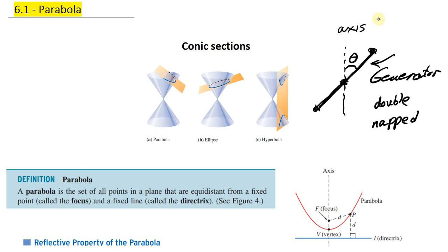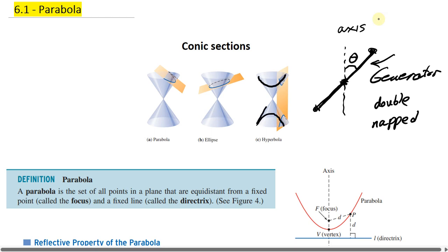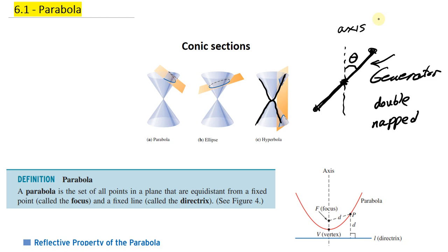A hyperbola, by the way, could be like this. The hyperbola could degenerate to two crossing lines, as you can see here. There you go. That would be the degenerate case of a hyperbola.